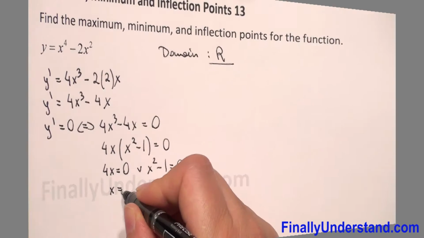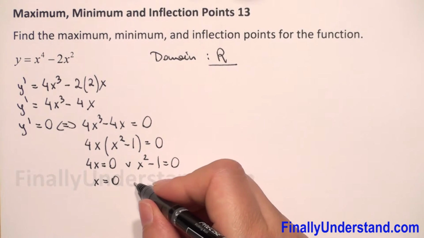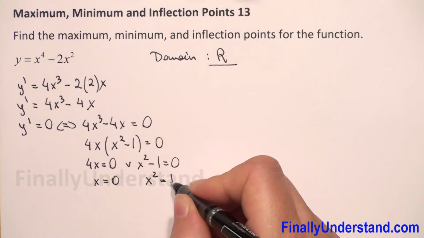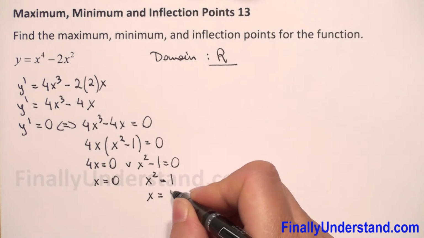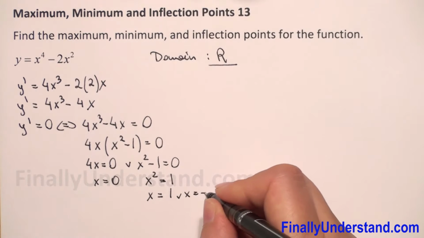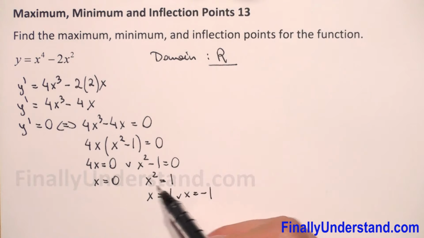So x is equal to 0, and we have x squared equals 1. So x is equal to 1 or x is equal to negative 1, because negative 1 to second power is 1 and 1 to second power is 1. So we have three critical values.